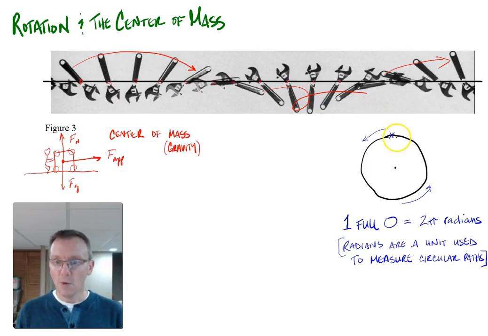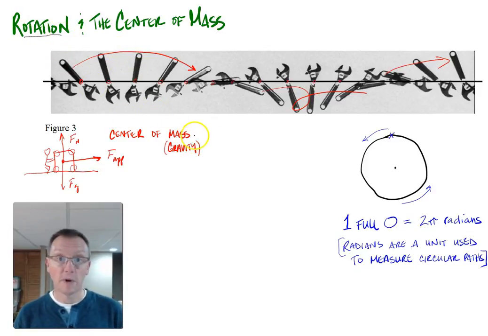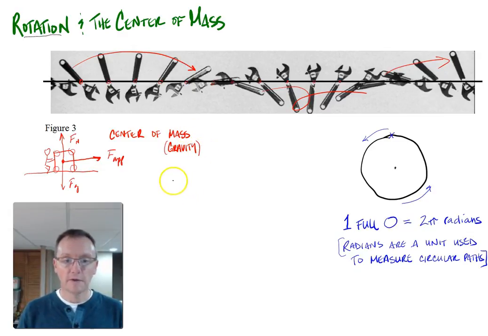Now, one thing that's important to know is that we oftentimes have to talk about how fast something is rotating. And we also have to talk about the word rotation, because I want to make sure that you understand what I'm talking about when I say it. This word rotation is something that I'm sure you're familiar with. You've heard it before, you probably used it before. And in physics, just like many words, rotation has a very special meaning.